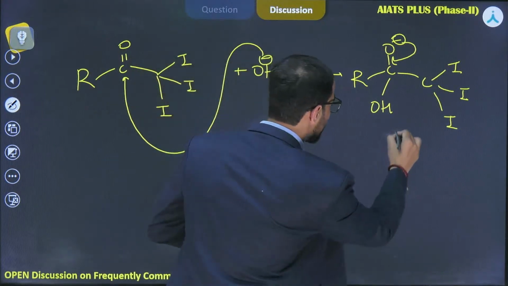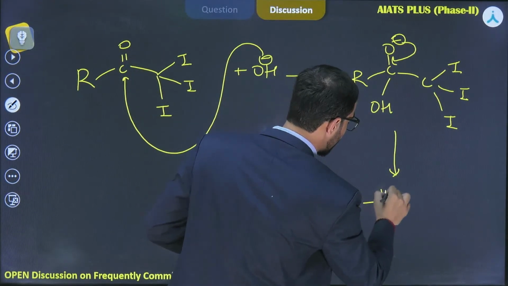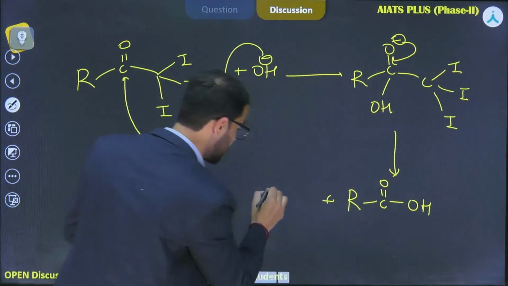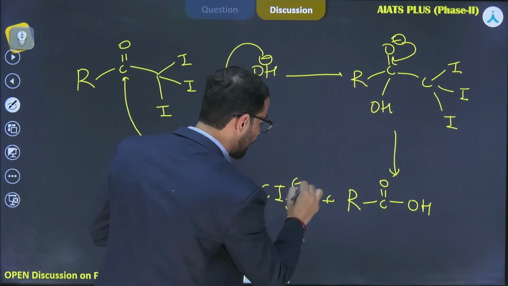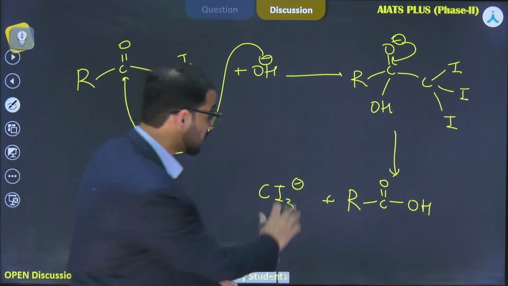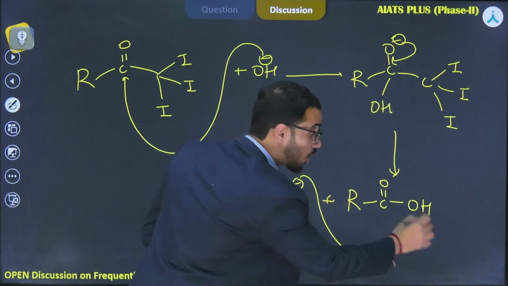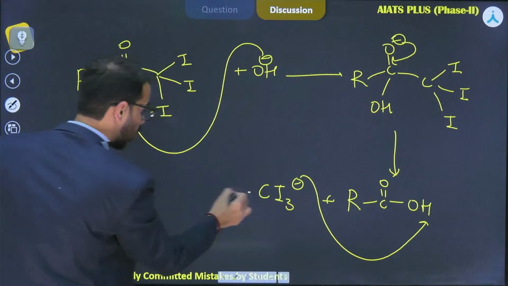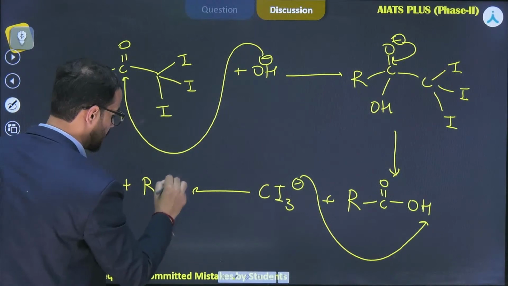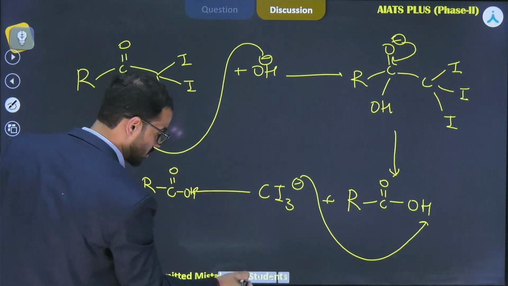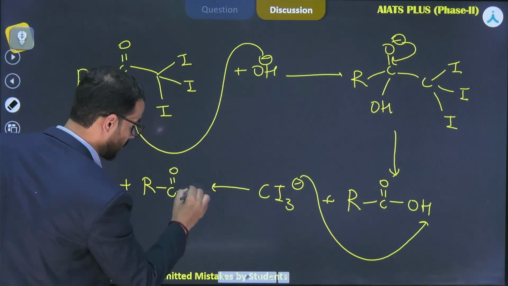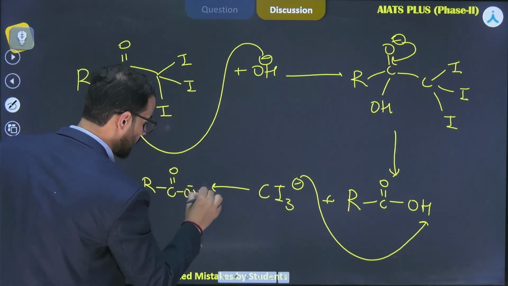So what will be the case here? R C double bond O OH, and along with it you will be having CI3 negative. But this is not a correct answer. This negative charge will abstract a proton from it because this is an acidic proton, and you will be having CHI3 plus R C double bond O minus Na positive.